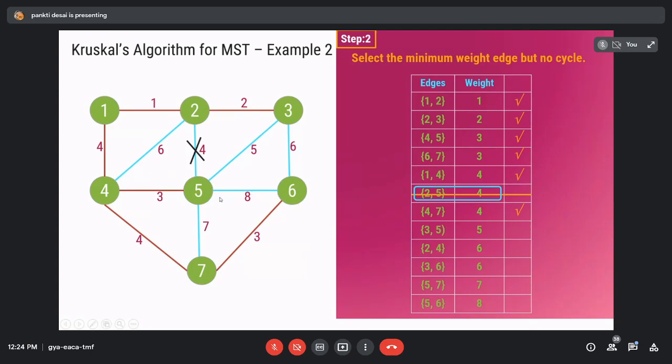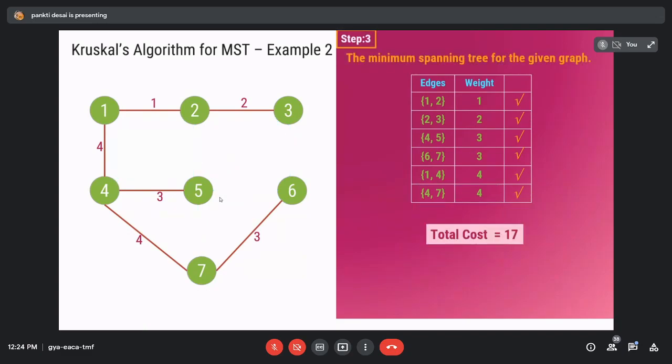So finally, the minimum spanning tree for the given graph is like this, with edges 1 comma 2, 2 comma 3, 4 comma 5, 6 comma 7, 1 comma 4, 4 comma 7, right? And add all these edge weights.